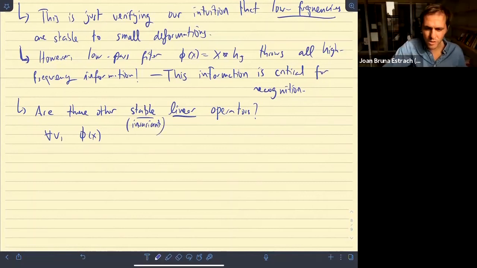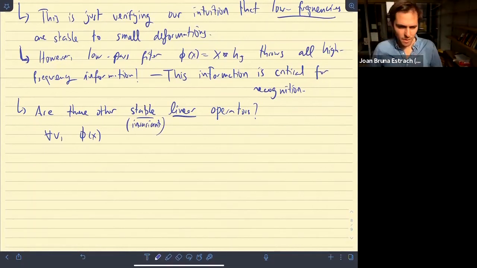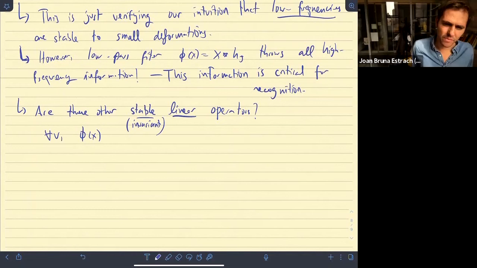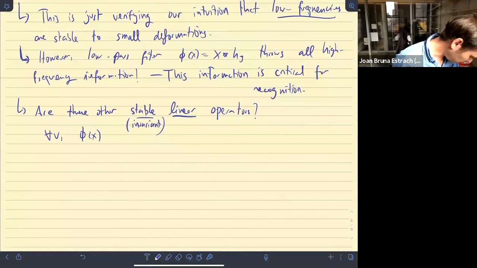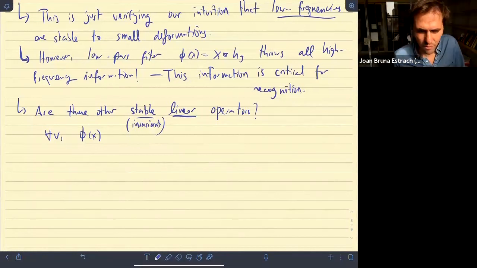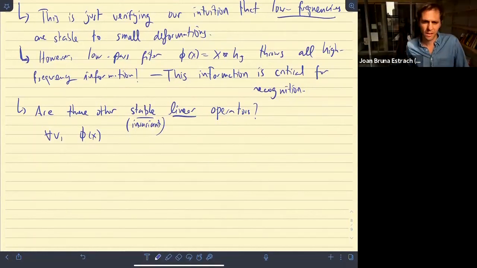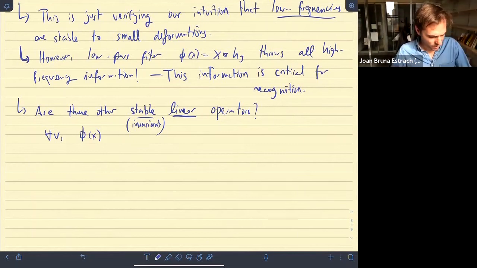Let's start with translation invariant, which is a stronger condition. So in particular, they have to be translation invariant.